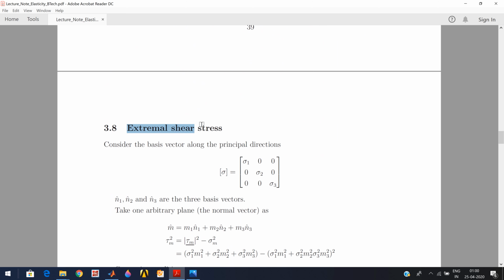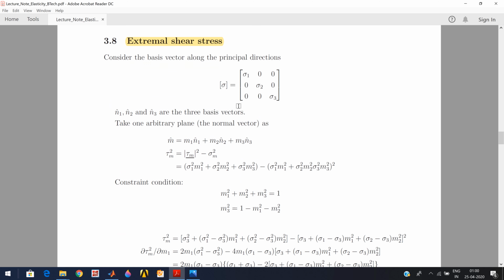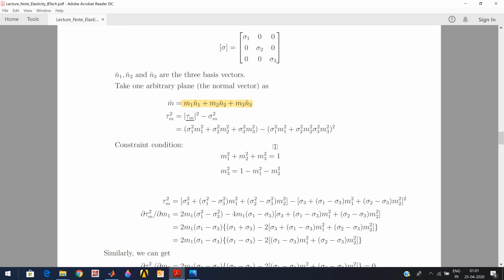Now let us come to the extremal shear values, shear stress, and this is also done in a similar way as we discussed for the normal stress. So we are considering again the basis vector along the principal direction, and then take one arbitrary plane with respect to this principal direction n1, n2, n3, and then the magnitude of the shear stress, which is tau m, we have to extremize.